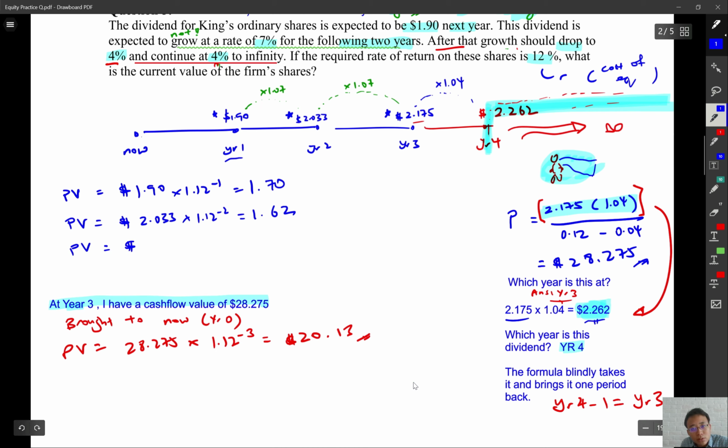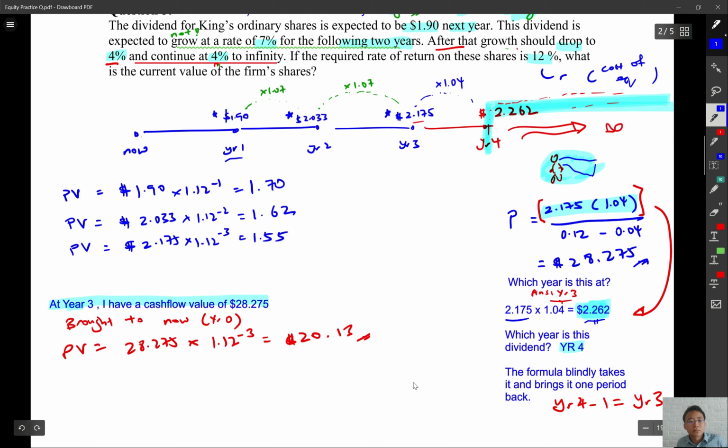So people, I'm sure you can see this is just ritualistic. It's really just your time value of money ritual. You just discount every cash flow you have according to the year that you are receiving it.